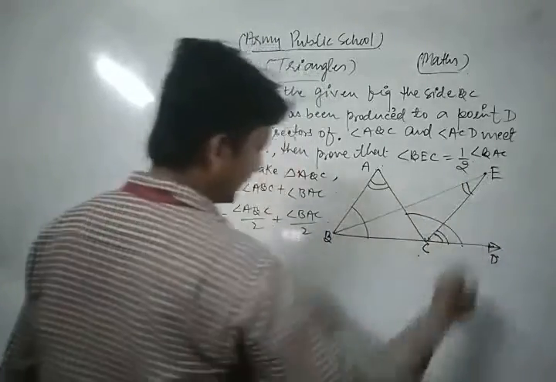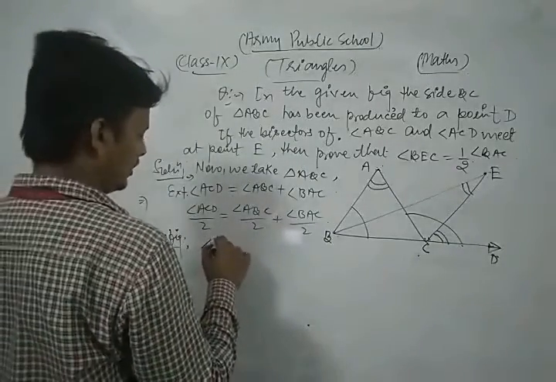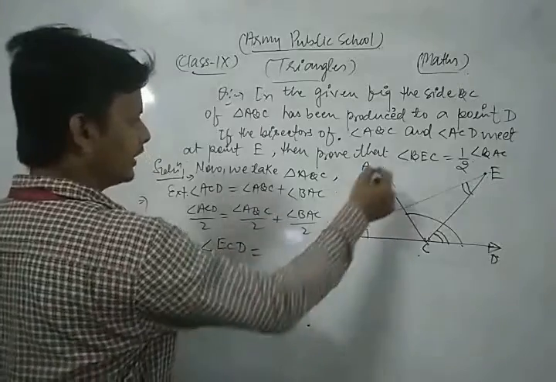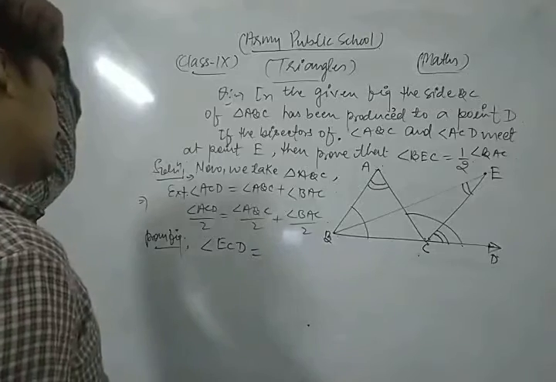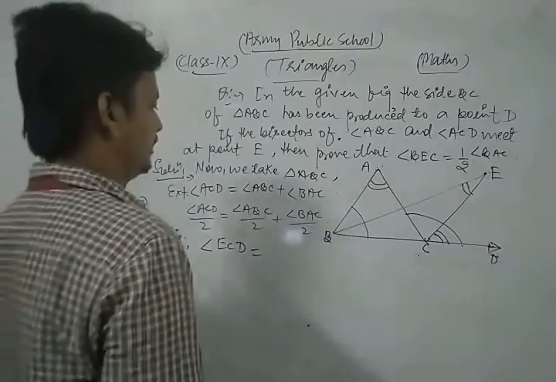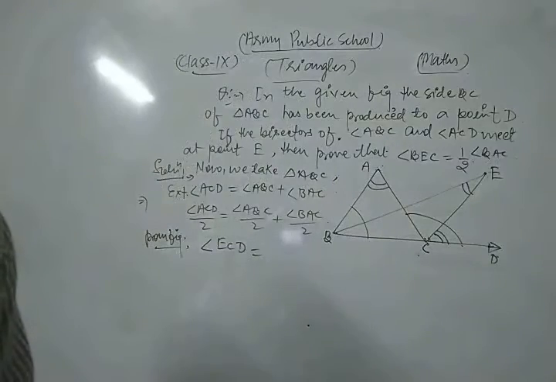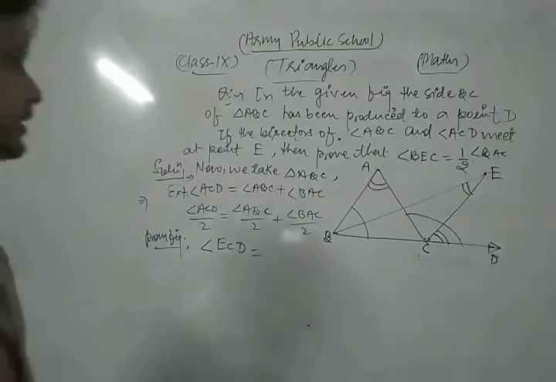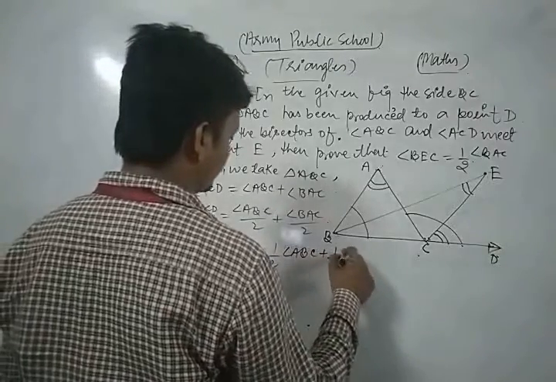Also, since BE is the bisector of angle ABC, half of angle ABC is angle EBC. So we can write angle ECD is equal to half of angle ABC plus half of angle BAC.